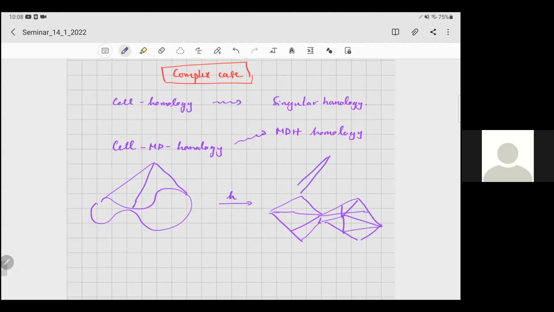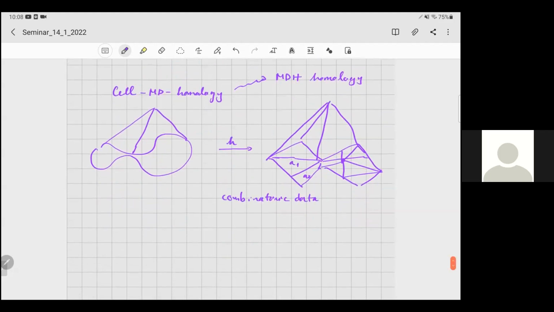And we have something like this, with some numbers here, right? I have some data here. So this is combinatorial data. And from this combinatorial data, I will tell you exactly what the MD homology is.